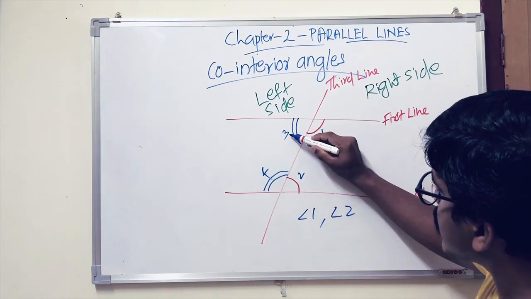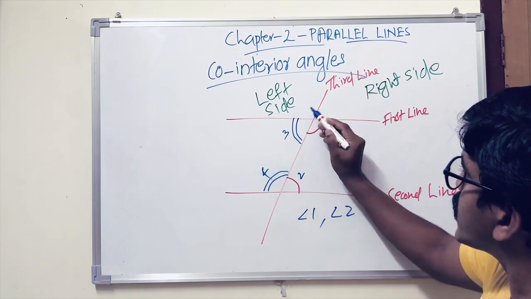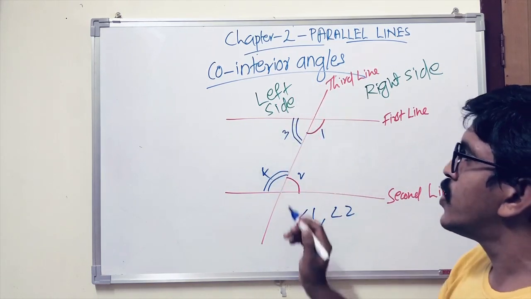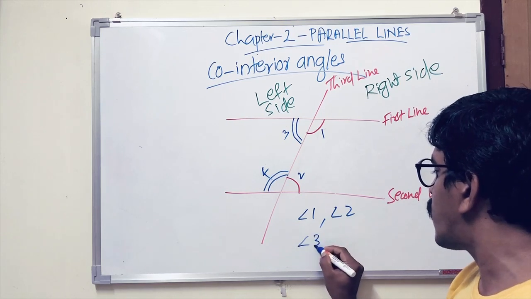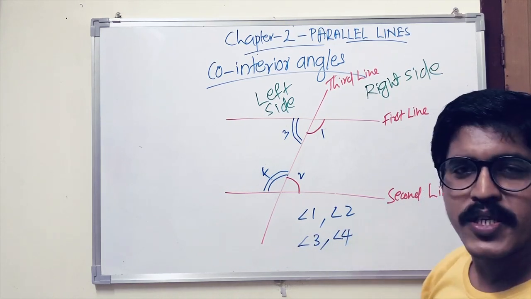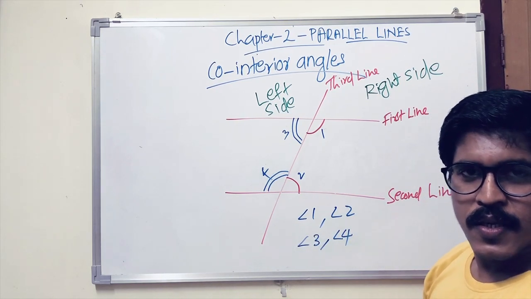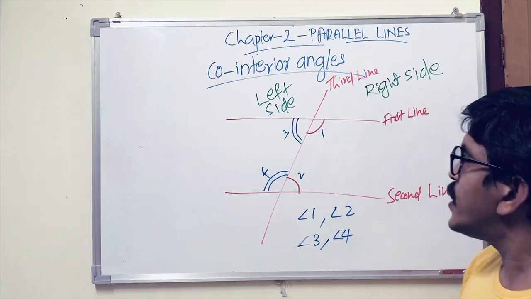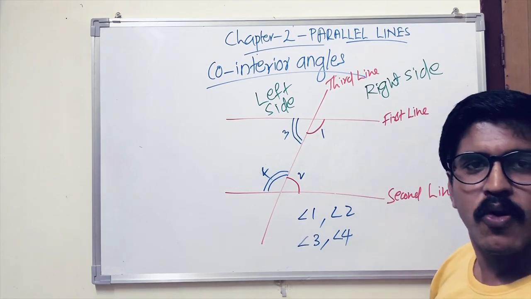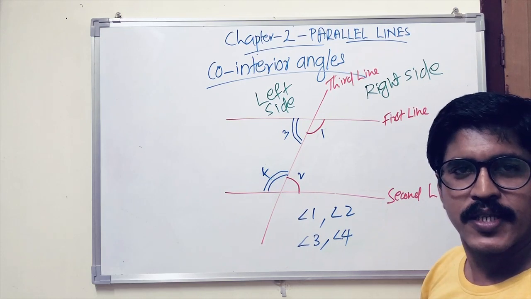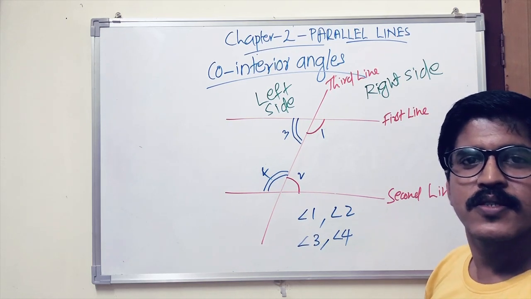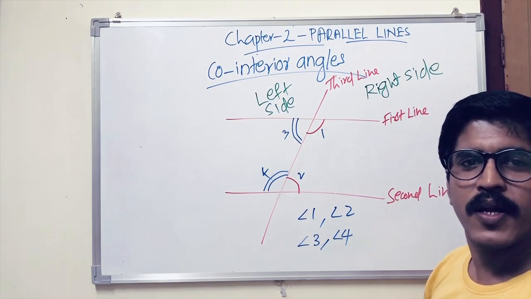And here angle 3 and angle 4 are on the same side on the third line. So angle 3 and angle 4 are co-interior angles. And one more condition, if the lines are parallel, sum of co-interior angle is always 180 degree. Otherwise, these angles will not be 180.